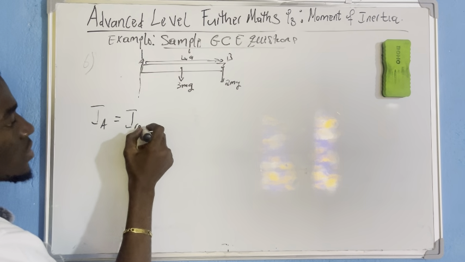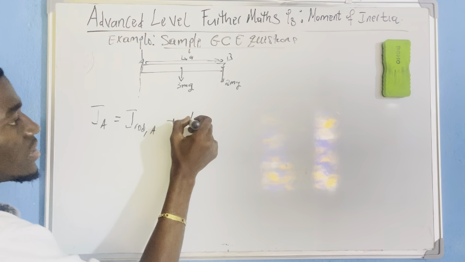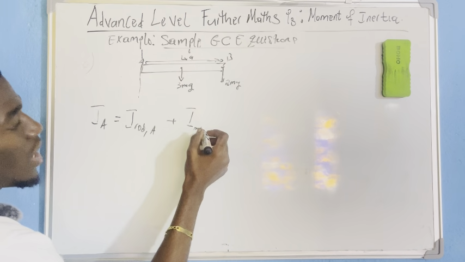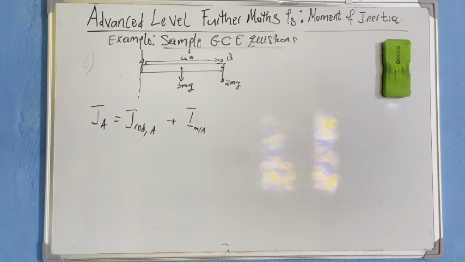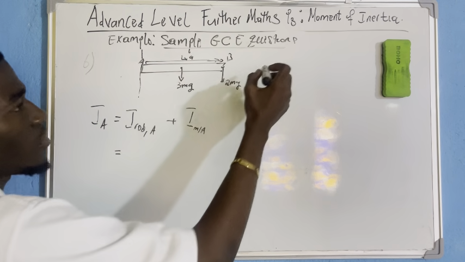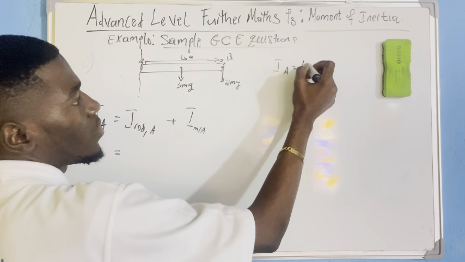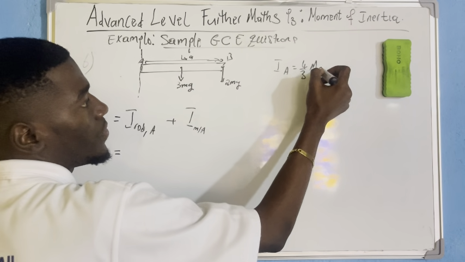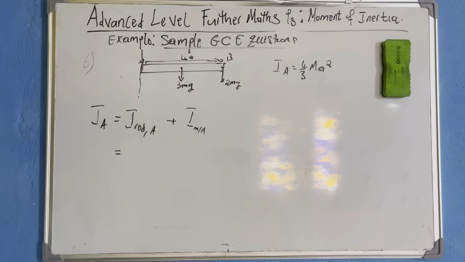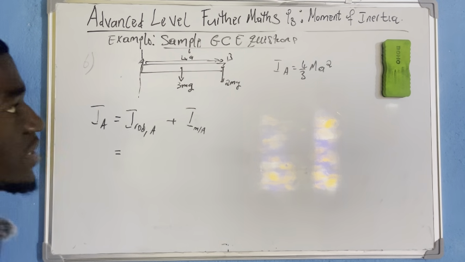The moment of inertia of the rod about its end A, we calculated already. I think it was 4 over 3 Ma squared. That is the moment of inertia of a rod about its end. People should cram it, because I don't think this formula is inside the formula booklet.